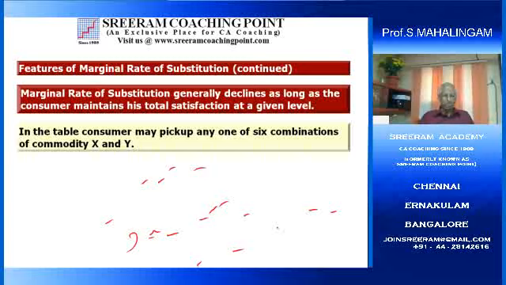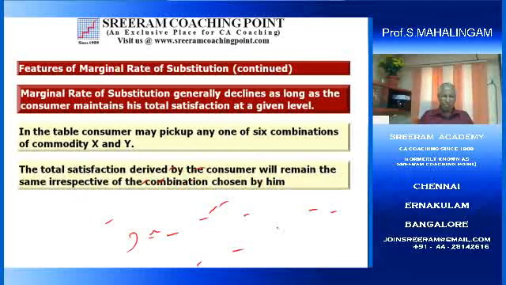Whether you select choice number 1 or 2 or 3 or 4, all of them are going to be combination of X and Y, some units of X and some units of Y. But the peculiarity is all of them are giving the same total satisfaction. The total satisfaction derived by the consumer will remain the same irrespective of the combination chosen by him.